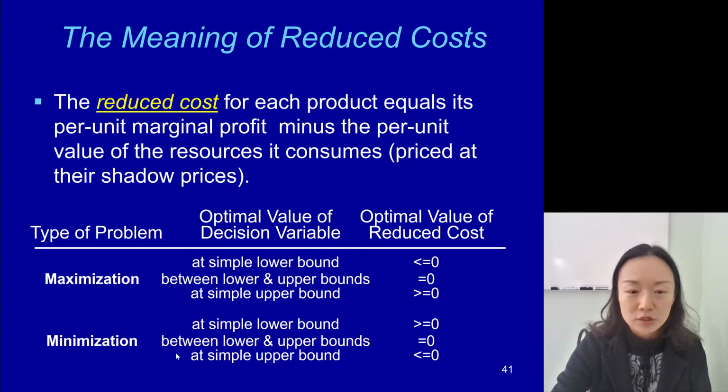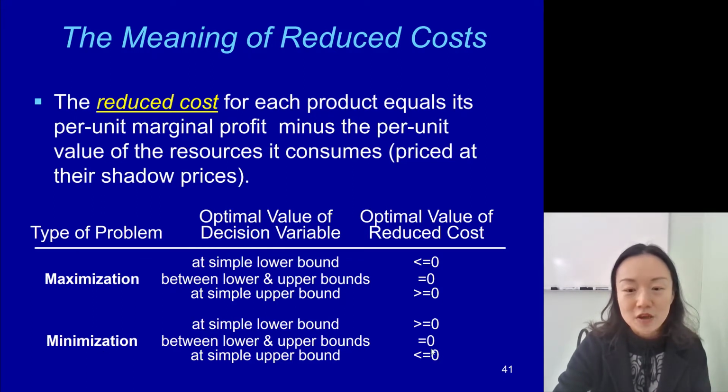If you think about, just take one example, if a decision variable is at its upper bound, okay, so it means that the decision variable, when the problem is solved, you want to keep increasing that decision variable value, but it hit the upper bound, so that's where it stopped. For minimization problems, we want decision variables to keep increasing their value only if they are going to help decrease your objective function value.